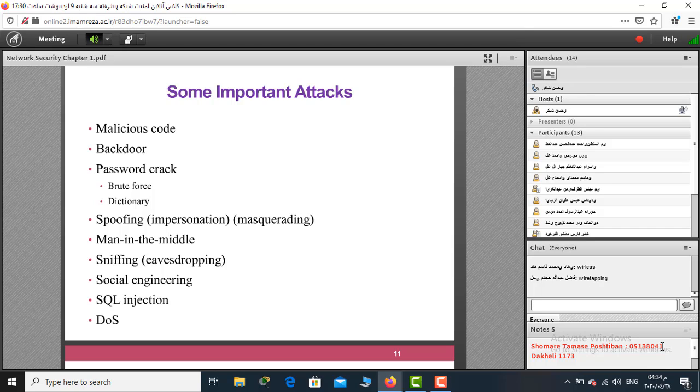Of course, what is the solution to counter eavesdropping through the wireless network in such a way that even if the attacker can get the information, he cannot understand the information?